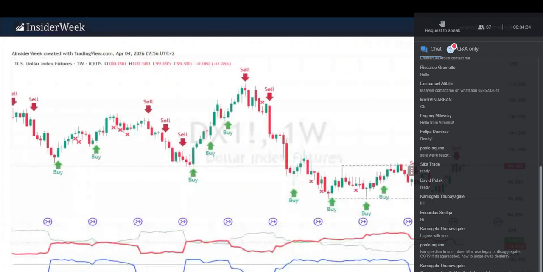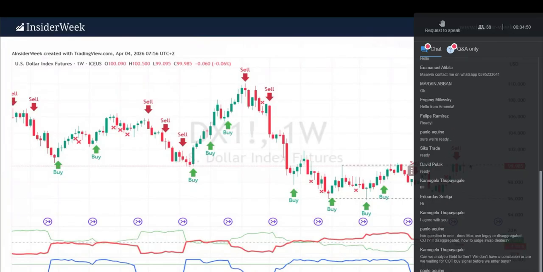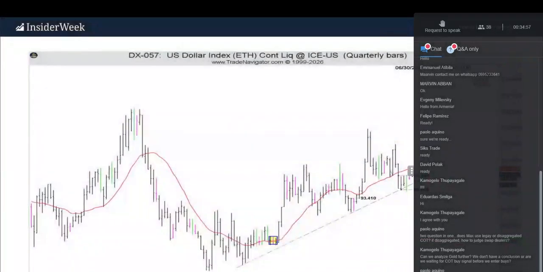Dollar index, also very interesting, because in the dollar index we got here a sell signal, and currently this market is in a range between 100 and 96. So you can see here, maybe we will have some down move to the 96 level. But if you take a look, for example, at a quarterly chart, here you see quarter bars, you will see we are in an uptrend since 2010.